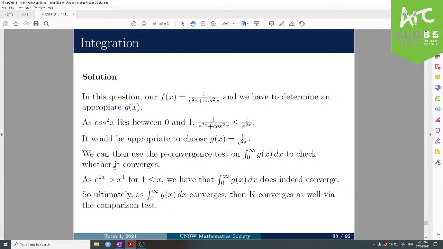We can then use the p-convergence test on the improper integral of g to check whether it converges. The p-convergence test is another, much simpler test, and you should already know it, whether from limits work or from earlier sections of integration.